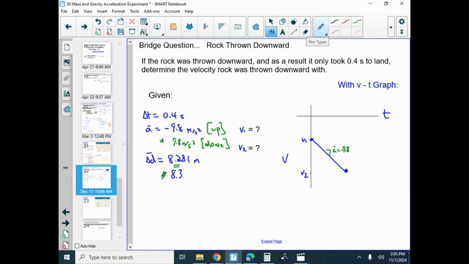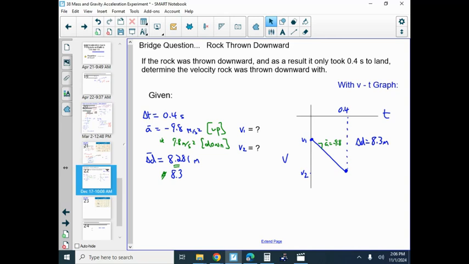The slope's the same anywhere along there. If I were to illustrate on the graph, I'd know the displacement equals the area equals the 8.3. Let's just use the 8.3. So we have the acceleration, and we have the time, 0.4 seconds.